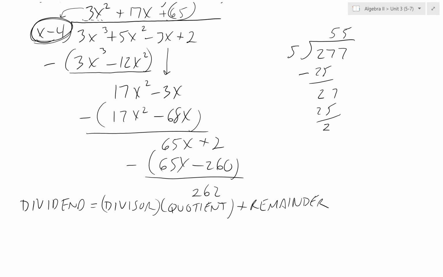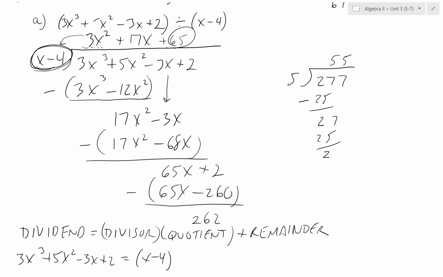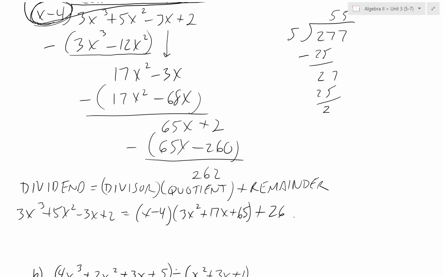So our dividend, that was the original problem, 3x cubed plus 5x squared minus 3x plus 2 equals divisor, that's x minus 4, times quotient. So basically we're just multiplying these things up here. So divisor times quotient plus our remainder, which was 262.